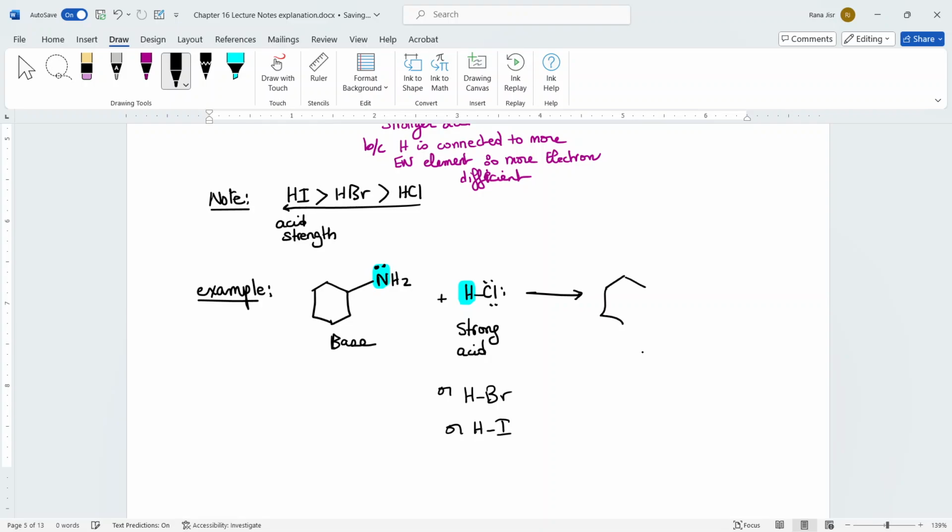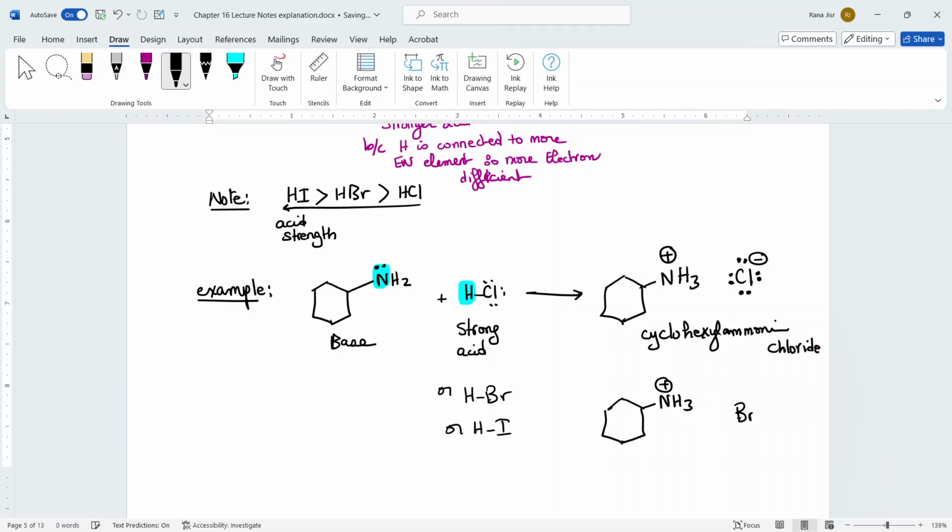So my product in this case is going to be my ammonium salt, and that is going to be an NH3 positive in there, counterbalanced with the chlorine. If you use the chlorine, the name here is going to be cyclohexyl ammonium chloride. Okay, if I change that and use a bromine instead, then it's going to be the same thing, a cyclohexyl ammonium, but now it's going to be a bromide.